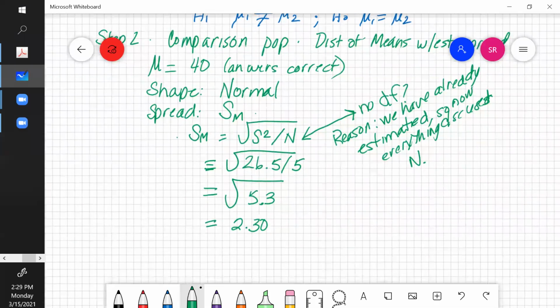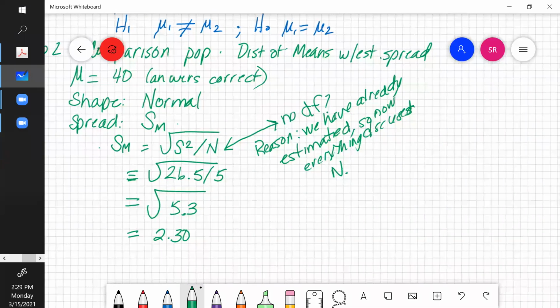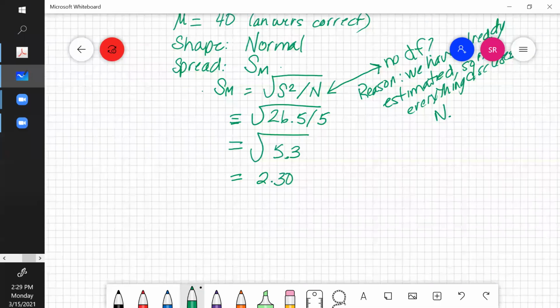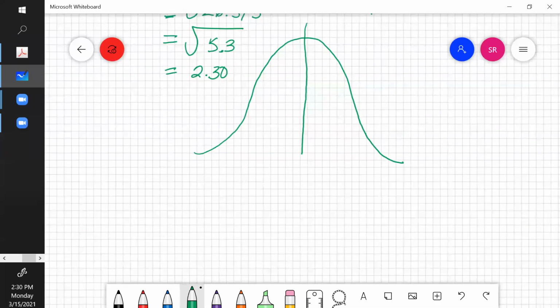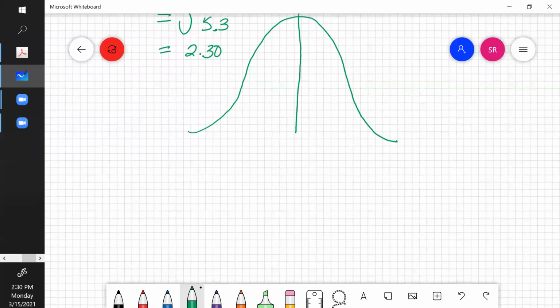So what does all this actually mean? Let's draw this in the little picture that we like to see. First off, we had the population of individuals. From that, we drew a sample. I'm not making a precise description of our sample, but from our sample, we had a mean of 46.